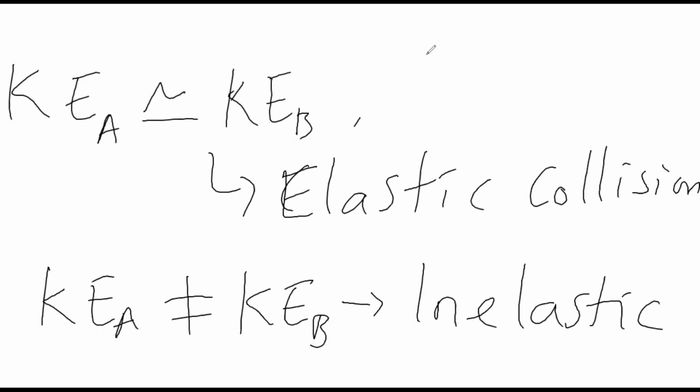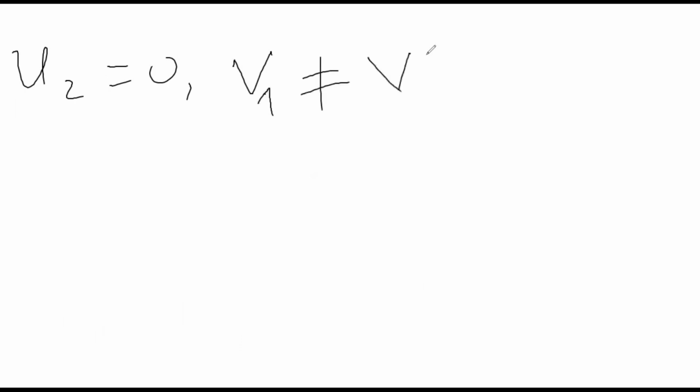Now, if you consider a second case where sphere 2 is at rest, therefore u2 is equal to 0, but after collision, the two spheres do not stick together, thus v1 will be different from v2.